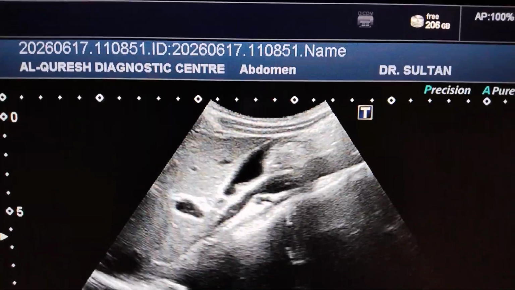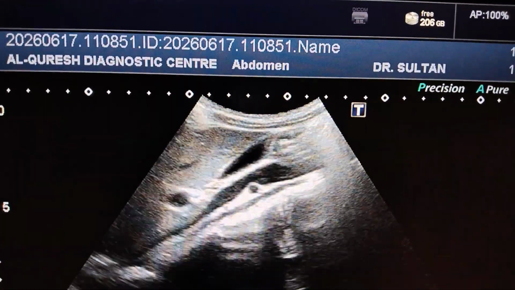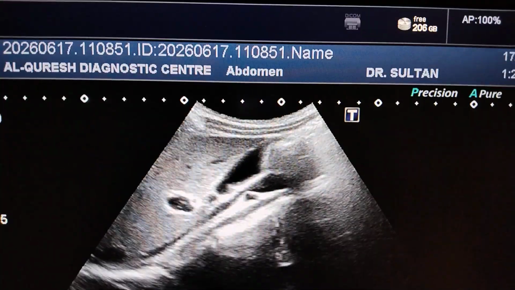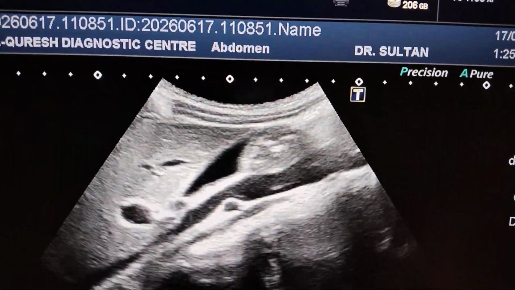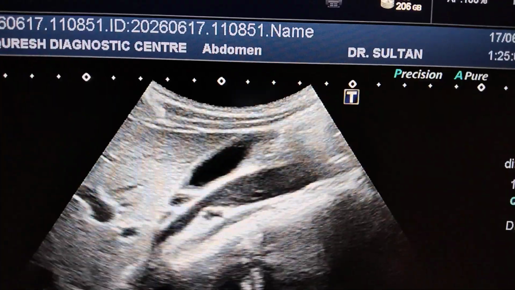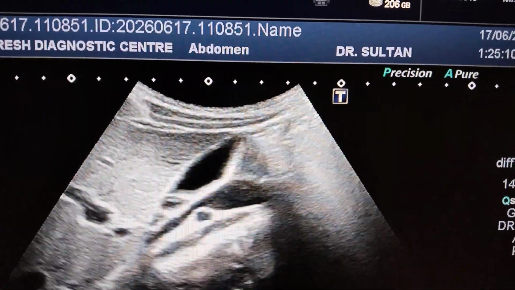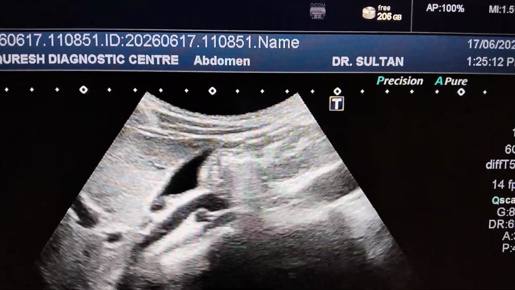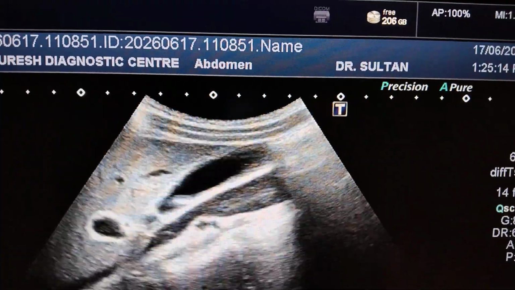So now I have tilted the patient in lateral position. We can zoom the image also for better visualization of the gallbladder.